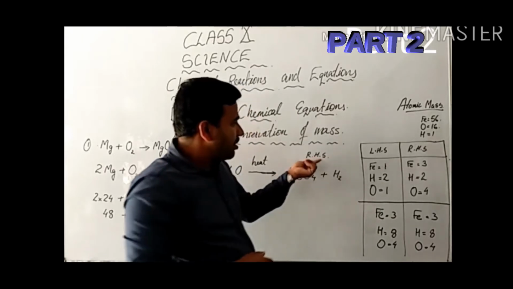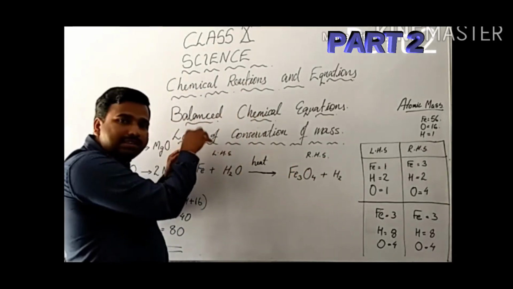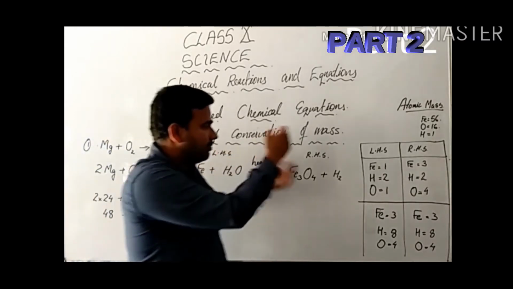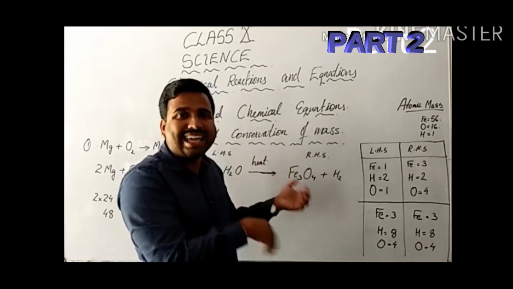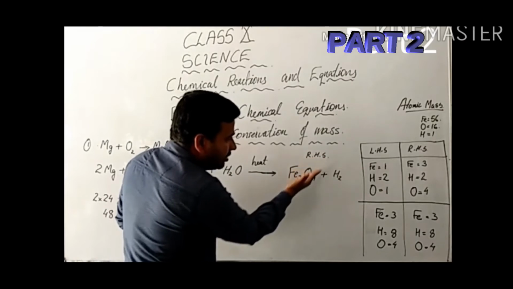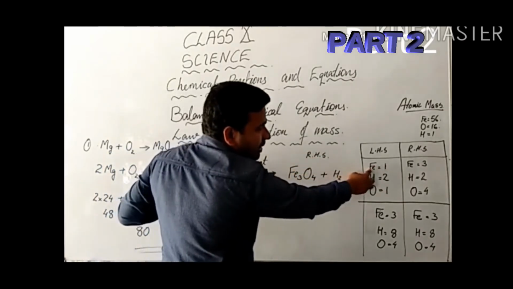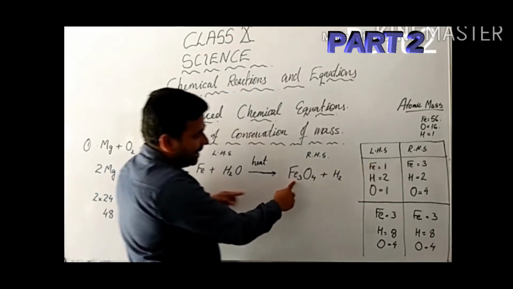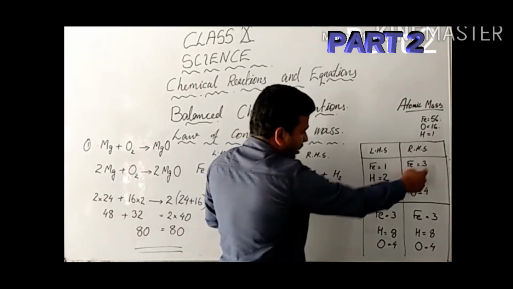So what is happening here on the right hand side? Whatever atoms are present here will remain here also, but there will be some rearrangement in the order. So first, iron: we are writing it here, iron 1. On the right hand side, when we look, it is 3, so we are writing here 3.